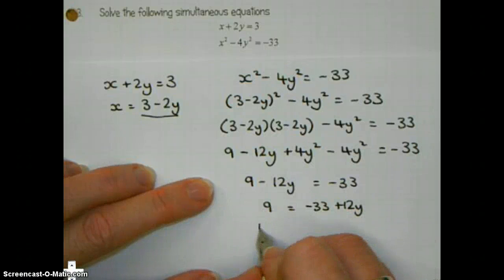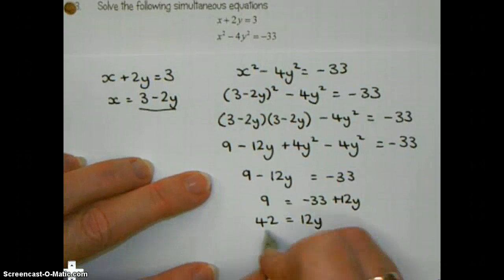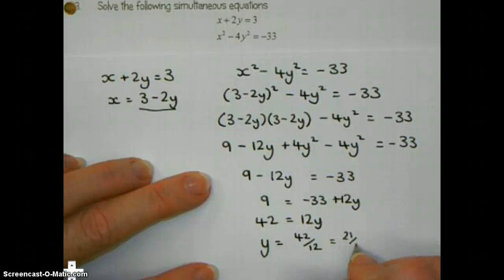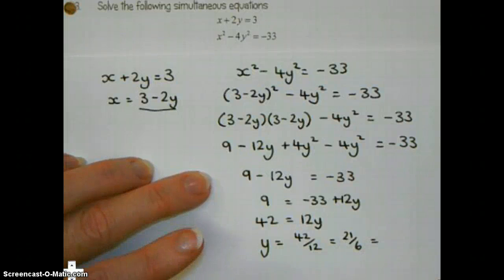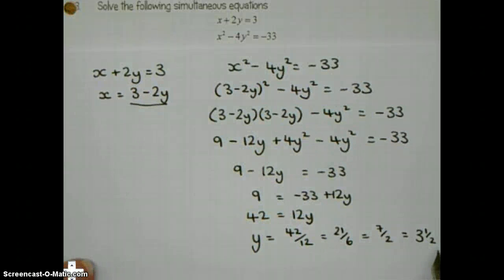Add 33 to both sides. 42 is 12y. So y must be 42 over 12, which is the same as 21 over 6. Which is the same as, if we divide both sides by 3, 7 over 2, or if you like, 3.5. So y is 3.5 in this case.